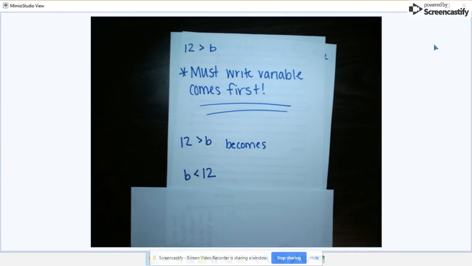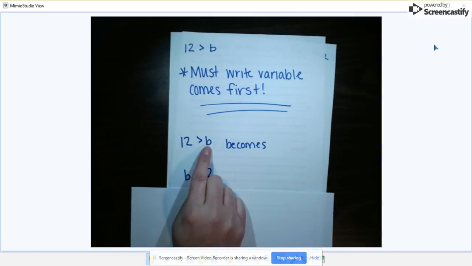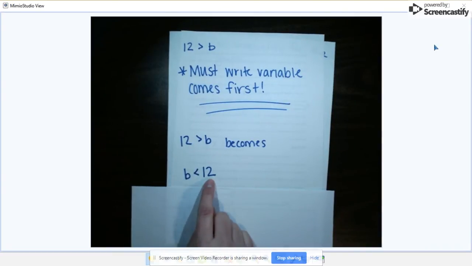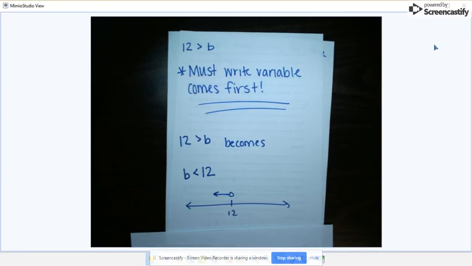Okay, so we're not changing the value of this inequality at all because this says 12 greater than B. If you read it from right to left in our new inequality, it still says 12 is greater than B. So this is now what we're going to be graphing, and now we can follow that chart that I made earlier, being an open circle and an arrow to the left.